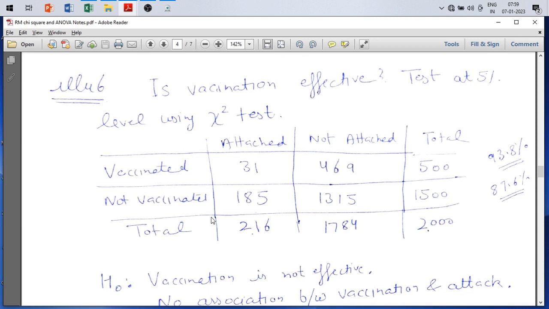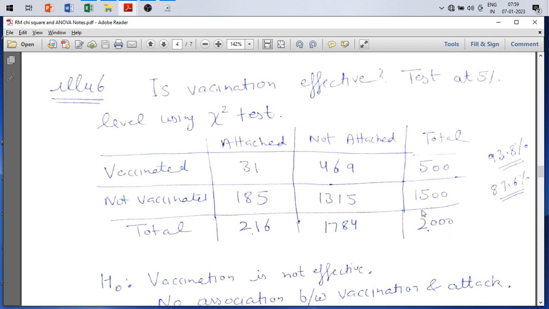The question here is, a situation is given, the data for the situation is given here, and it is asked, is vaccination effective? And we have to test at 5% significance level using chi-square test. So the data here is for 2000 people.